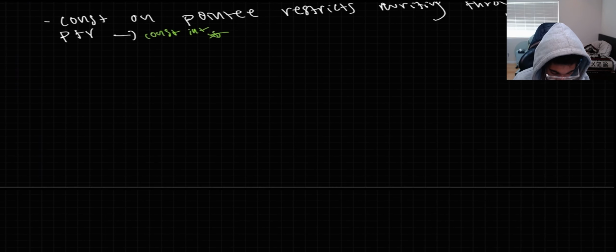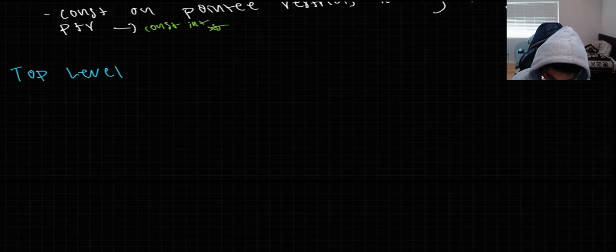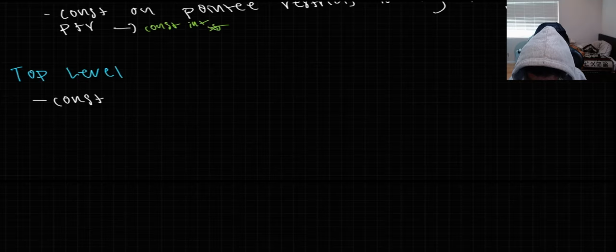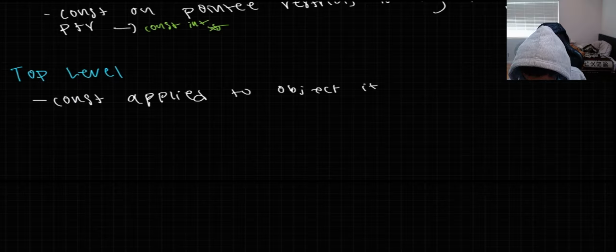So now let's talk about top and low level. A top level const is a const applied to the object itself. Now there's different types of objects.